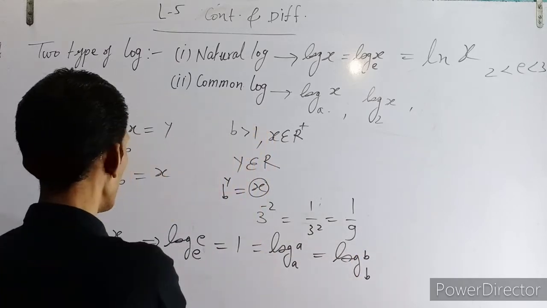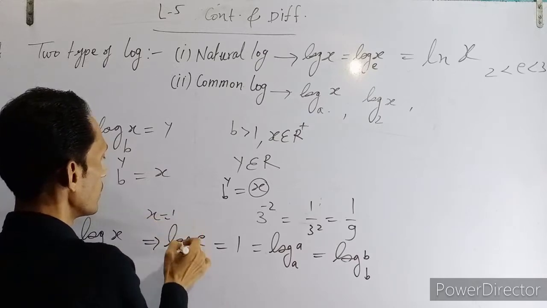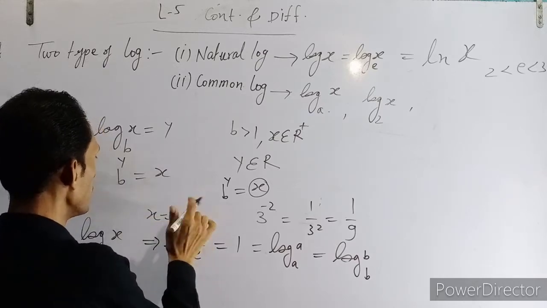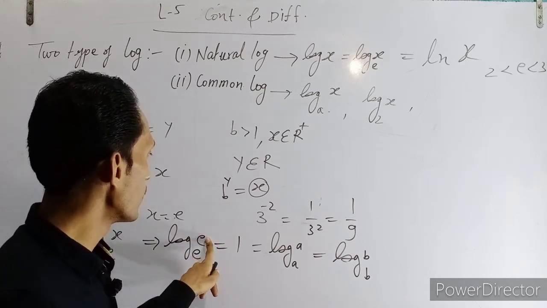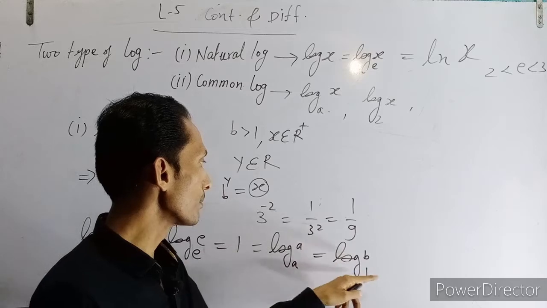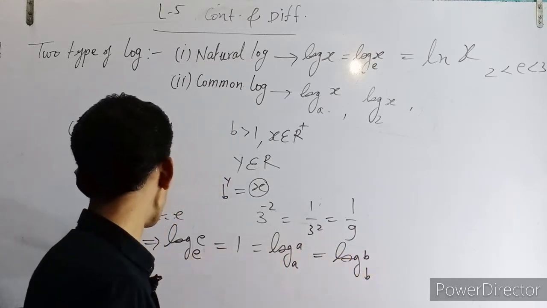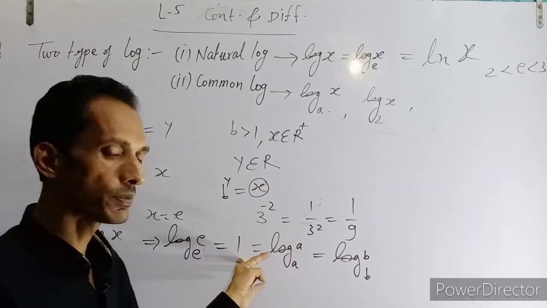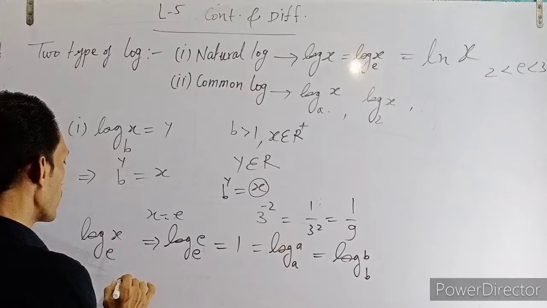So at x equal to e, log of e with base e, a with base a, b with base b, if these two values are the same, then the value of log is always 1. Okay, suppose that you are given the log of x.